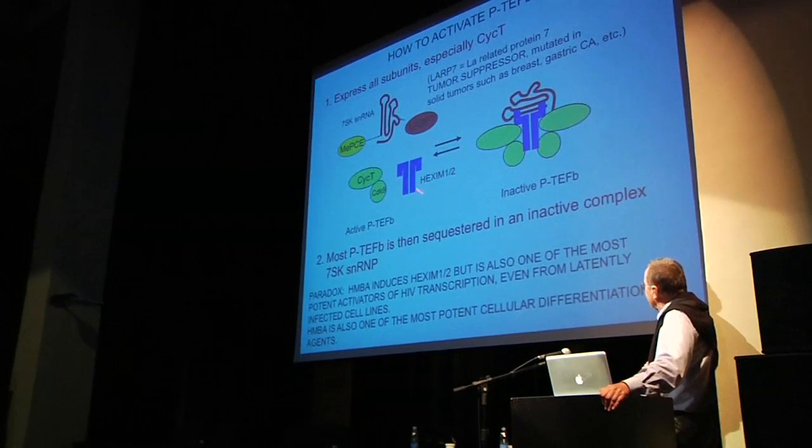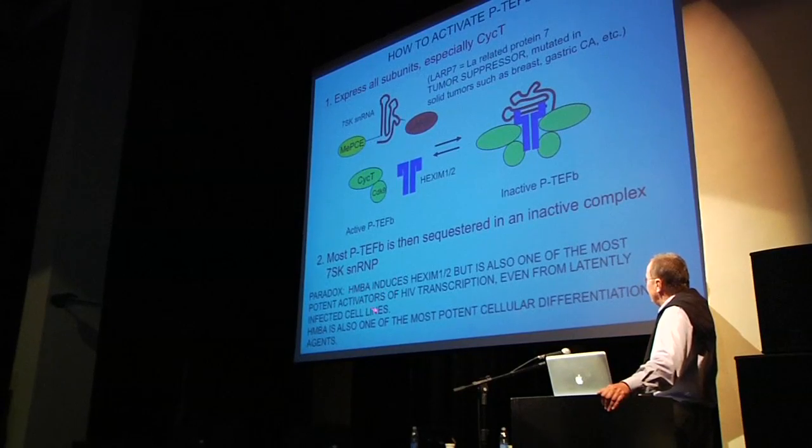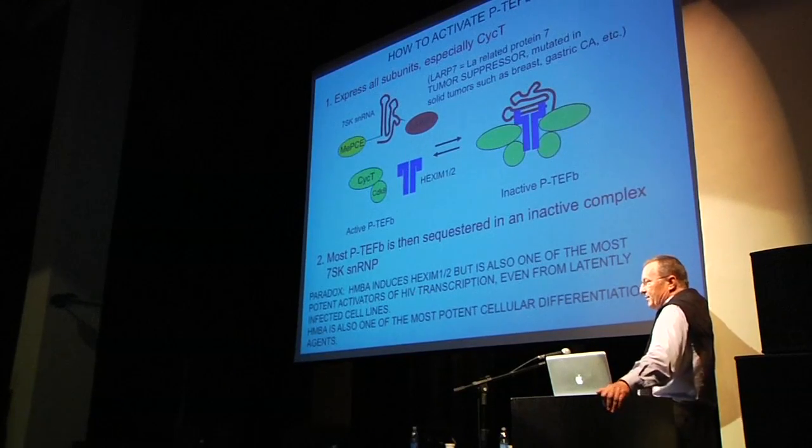And the HEXIM proteins 1 and 2 are the ones that inactivate P-TEFb. So how could HMBA, which induces the synthesis of HEXIM, be such a potent activator of HIV transcription and replication, at least in Paula Pitha's hands and then later in our hands?